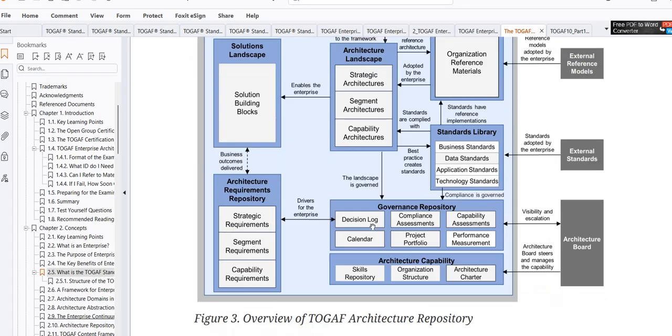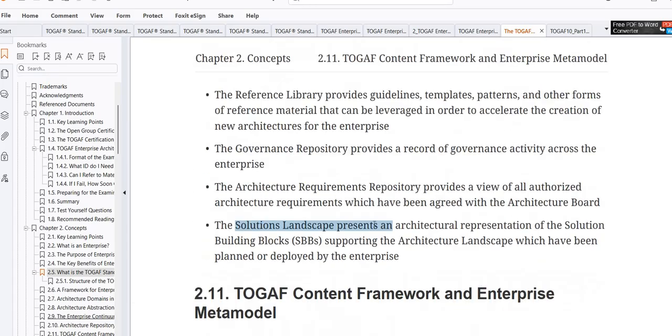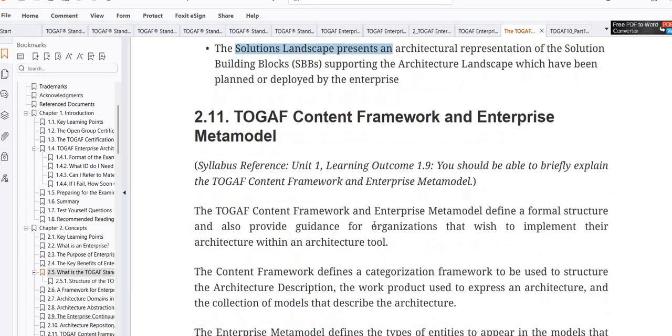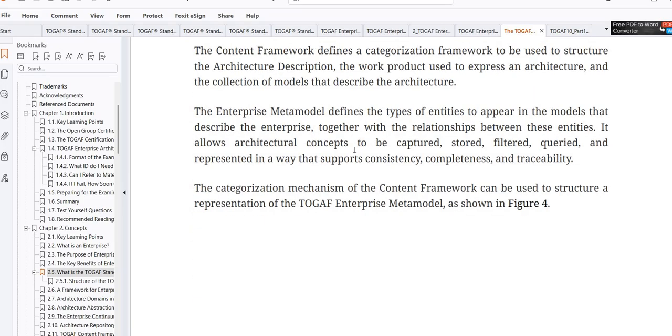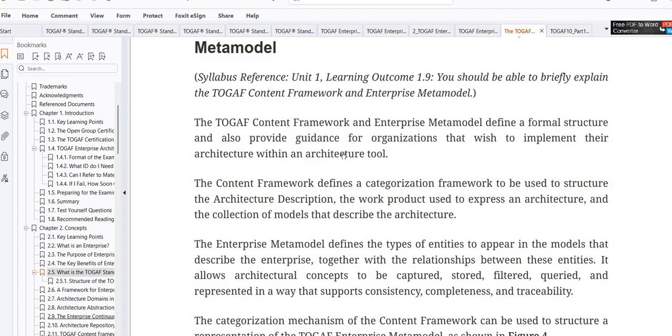Then we'll see another important concept called the content framework and enterprise meta model. The content framework and enterprise meta model define the formal structure and provide guidance for the organization to implement their own architecture within the architecture tool.